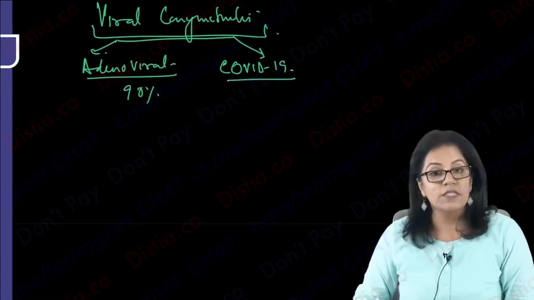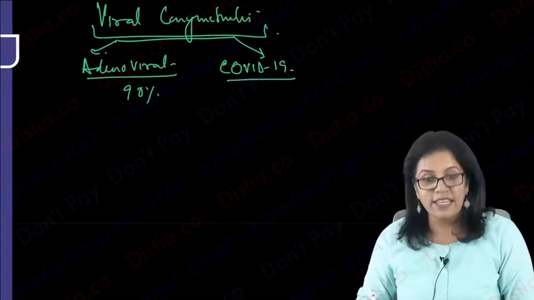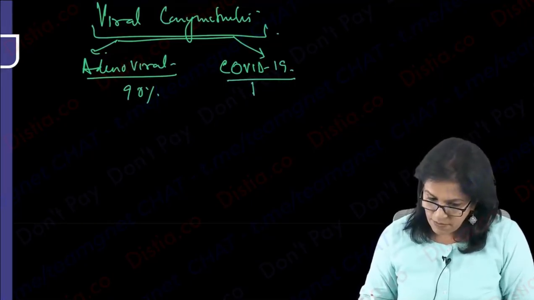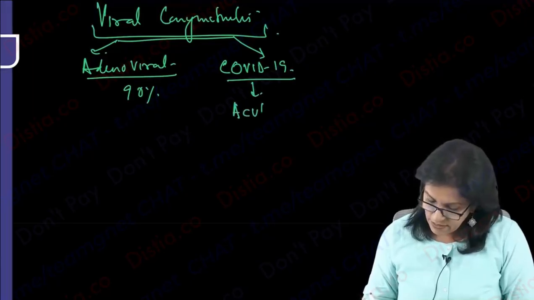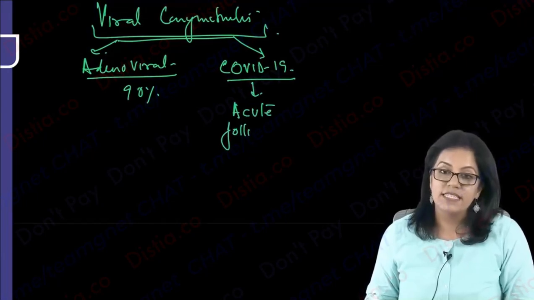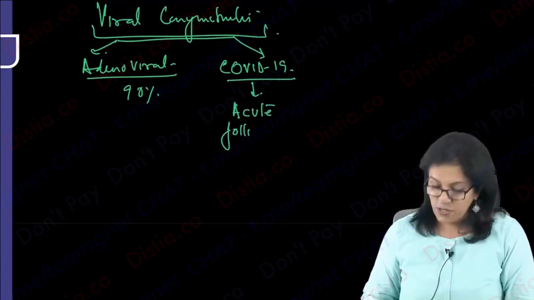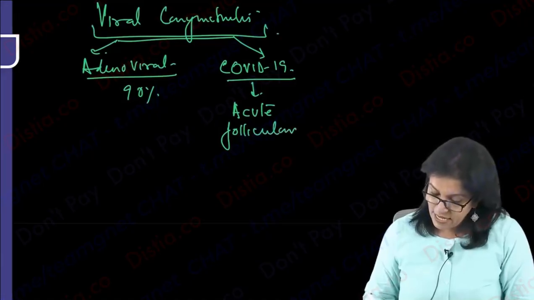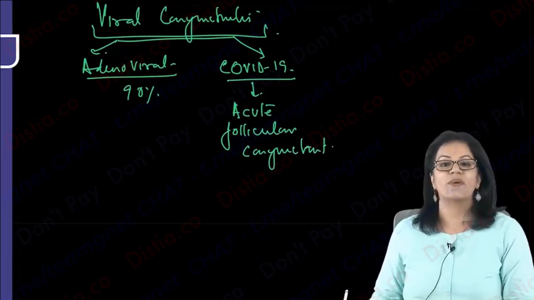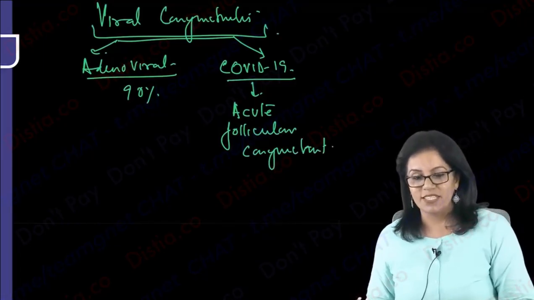So COVID also causes acute follicular conjunctivitis. So we should keep this in mind. If you talk about the eye involvement in COVID, the two things that you should never forget, one is acute follicular conjunctivitis, and second is the serious one, and that is it can lead to central retinal artery occlusion. I'll talk about that in the retina chapter.